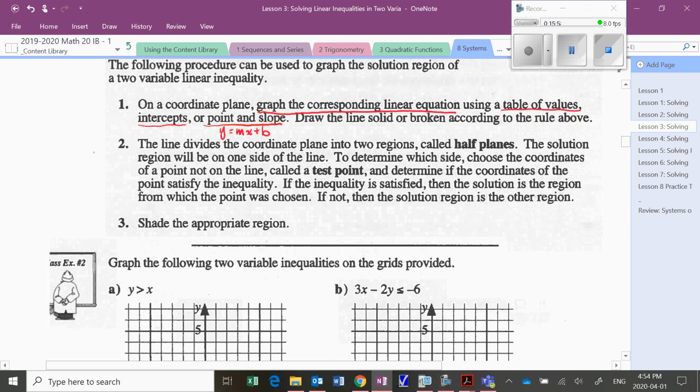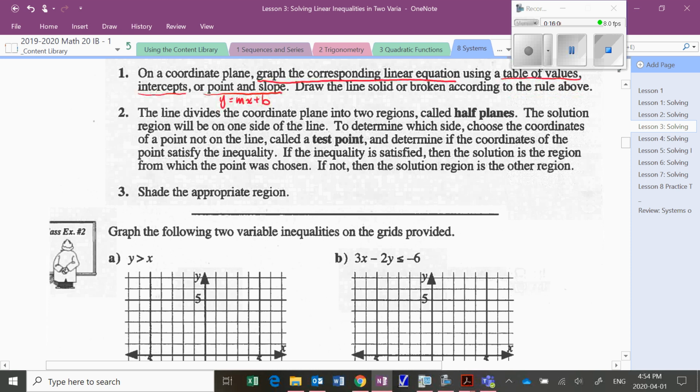So the line then divides our Cartesian plane, our coordinate plane, into two regions. They call them half planes. And so one half will satisfy the inequality and the other side will not.